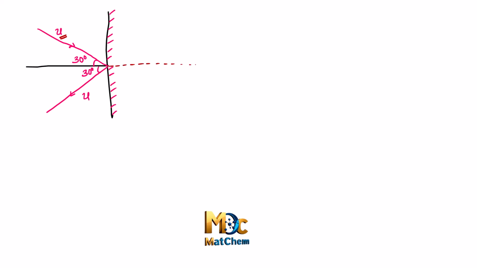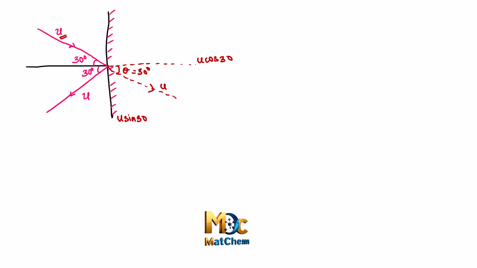Usually vectors are resolved in such a way that they originate from the origin. This is vector u making an angle theta, here theta is equal to 30 degrees. Its x component will be equal to u cos 30 and y component will be equal to u sin 30.